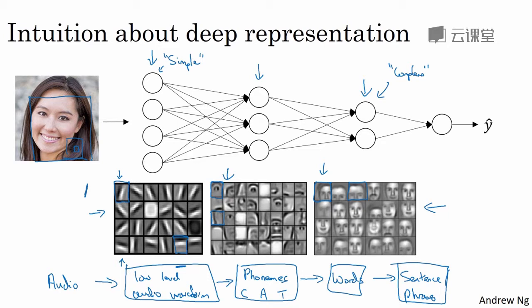I think analogies between deep learning and the human brain are sometimes a little bit dangerous, but there is a lot of truth to this being how we think the human brain works, and that the human brain probably detects simple things like edges first and then puts them together to form more and more complex objects. And so that has served as a loose form of inspiration for some deep learning as well. We'll say a bit more about the human brain, or about the biological brain, in a later video this week.